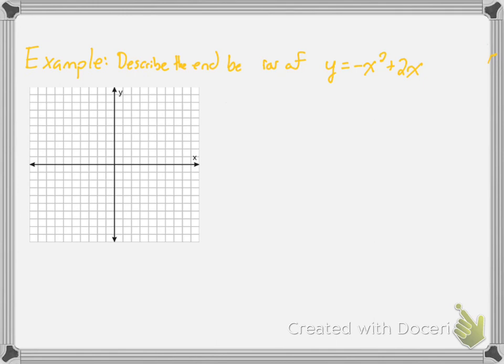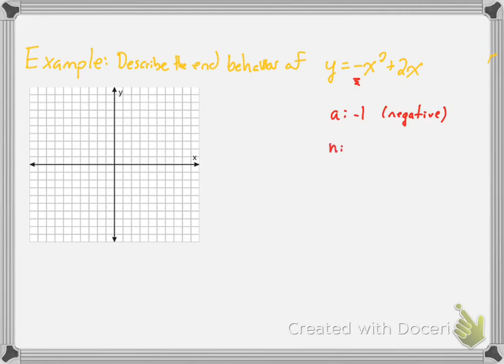And what that means exactly is, looking at an example, I want to describe the end behavior of y equals negative x squared plus 2x. What I'm going to want to focus on is my a value and my n value, so the degree and my a value. Here, my a value is -1. More importantly, my a value is negative.